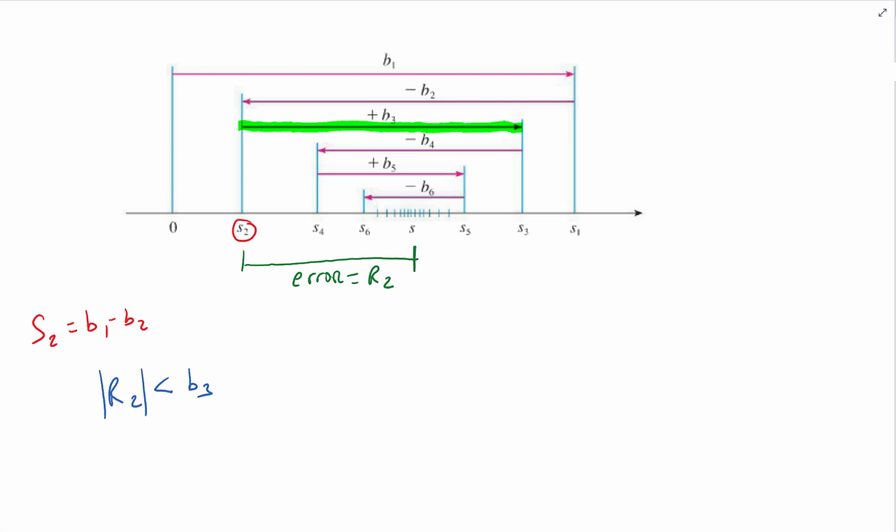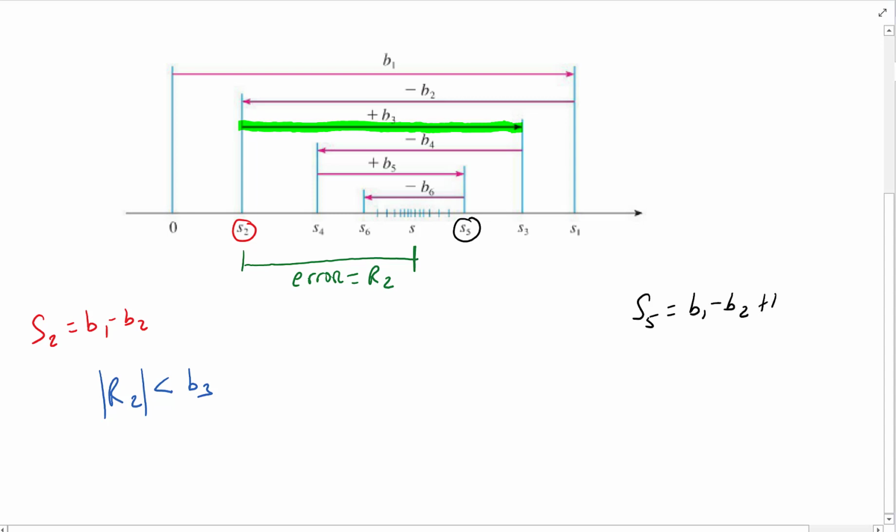If I look and say, hey, let's go all the way to S sub 5. So S sub 5 would be b1 minus b2 plus b3 minus b4 plus b5. So we get to there. Then this error here, in other words, R5, is this distance.